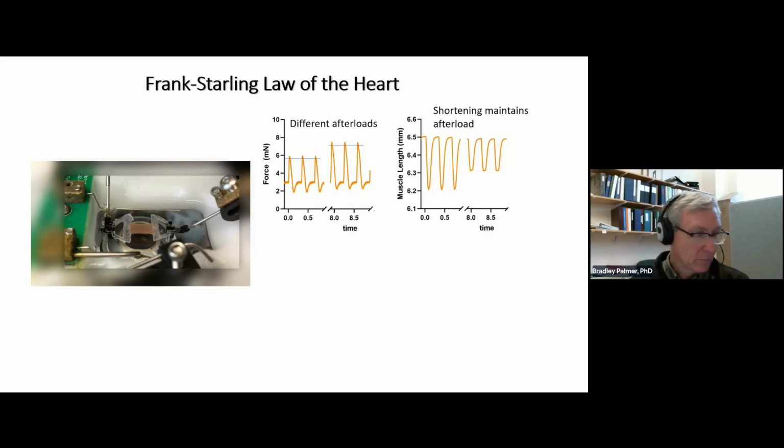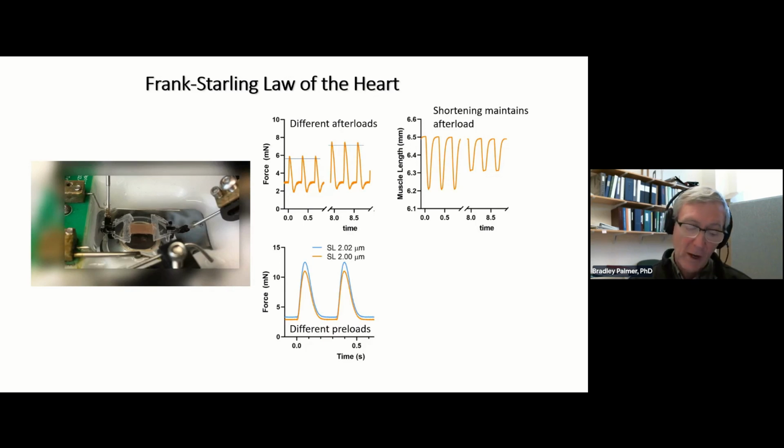So I've summarized the results here, where you can see that with increasing afterload, the peak force becomes higher and the extent of contraction is reduced. In a similar way, the preload can be changed to engage the Frank-Starling response. And you can see here in this panel that with an increase in sarcomere length shown in blue, there is an increase in developed peak isometric force.